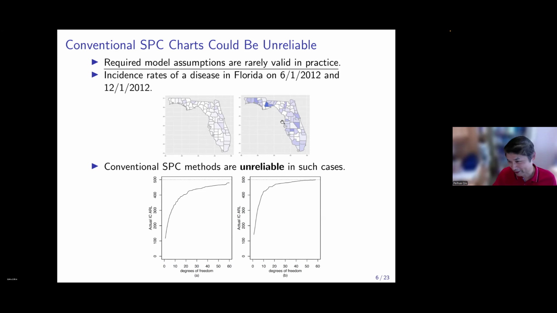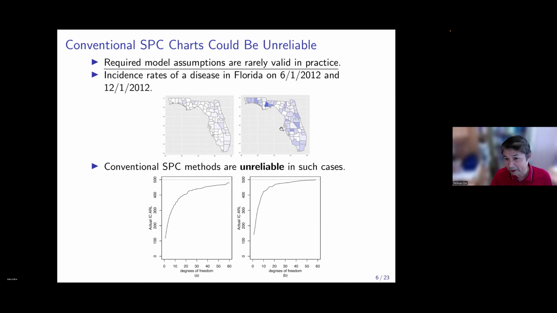The color denotes the value. The stronger color means the value is larger. In the summertime, the incidence rate is lower. In the wintertime, the incidence rate is higher. Even in this specific year, 2012, epidemiology already confirmed that there were no major disease outbreaks. It's a regular year. But you can see that the in-control distributions at different time points are different.